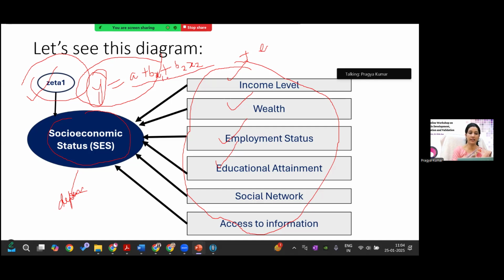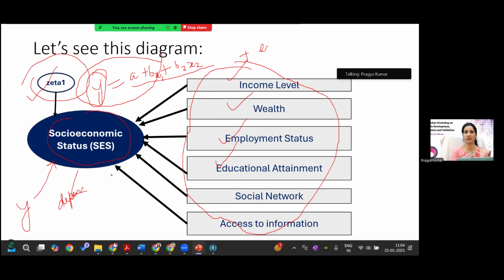So here the error is not due to wealth or employment, which will be fixed. But there can be some other variable, let's say some Y variable, which will also add to the variance in the socioeconomic status. It is not only these 6 variables which will determine socioeconomic status.